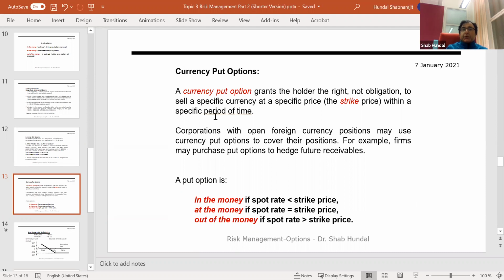So what you do, you buy the put option either from the broker or the bank, depending upon whether it's OTC or exchange traded, and that would give you the right but not the obligation to sell Canadian dollars, which means a specified currency, specified amount, specified rate of exchange, and for the specified time period in the future.